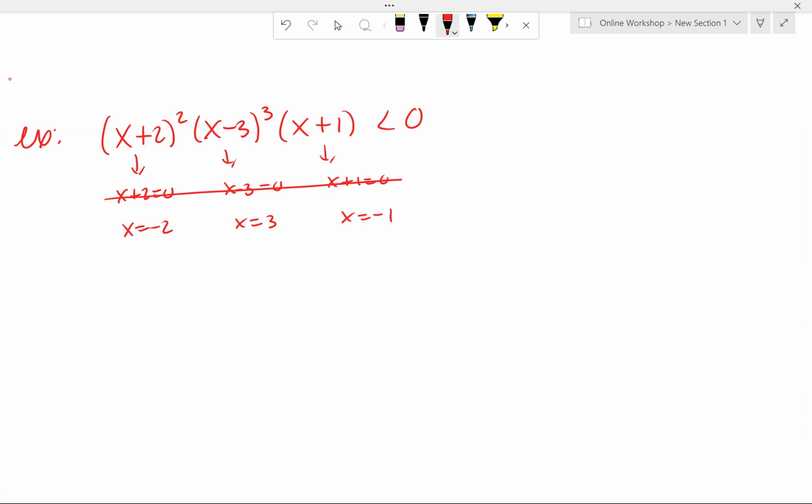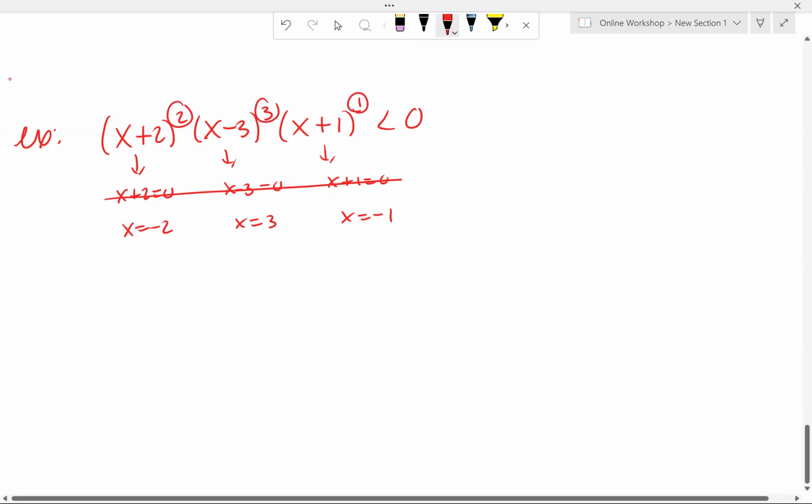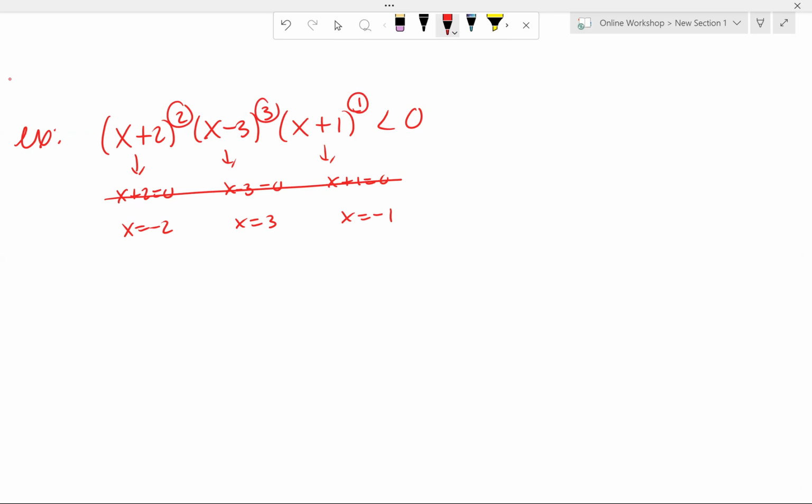Now I ask you to look carefully at the powers, those that are odd, those that are even. Which critical points will the number line alternate signs? It will alternate signs for the critical points where the powers are odd.